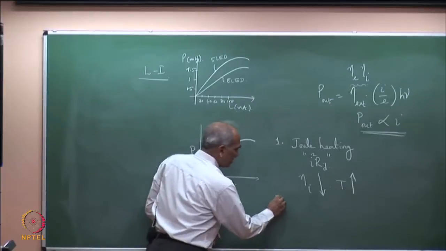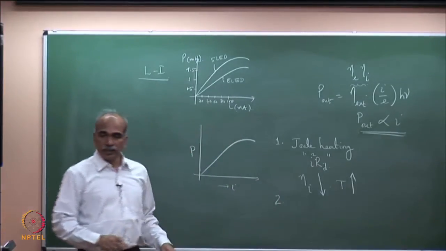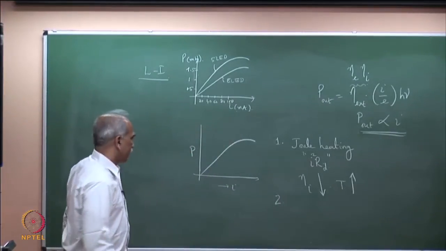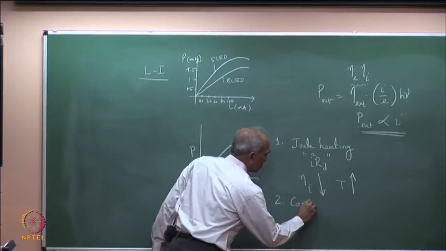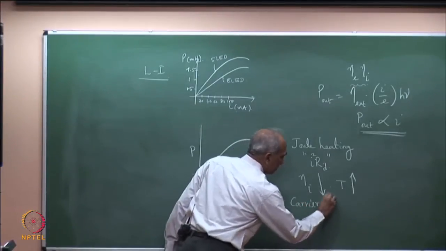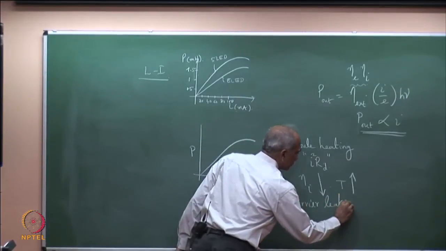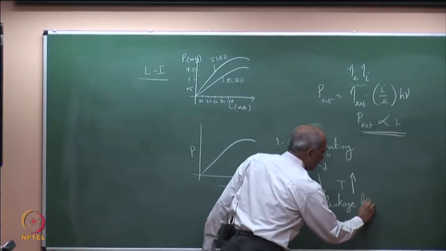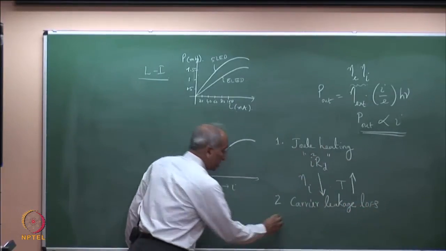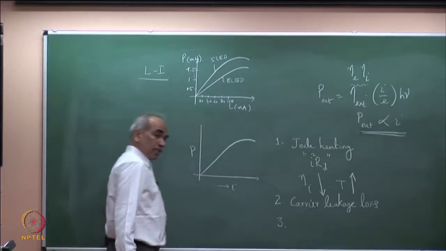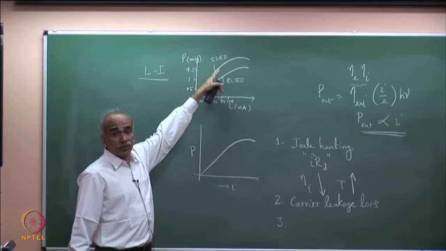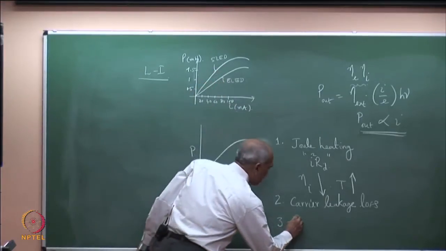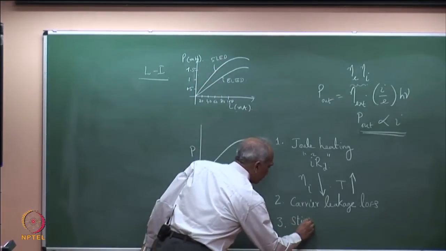Let me write the reasons and then I will stop here and continue in the next class. The second reason is carrier leakage loss. And a third reason, which is applicable to SLEDs but not for ELEDs, is stimulated emission loss.